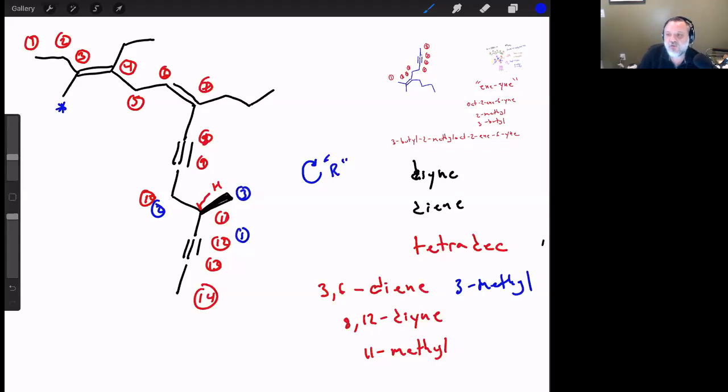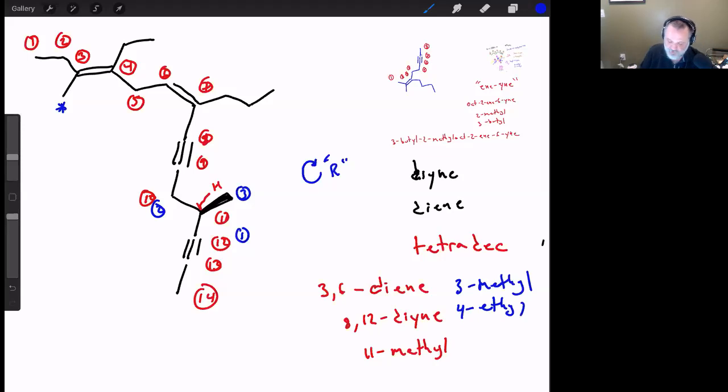And so why wouldn't you do that? Because then that wouldn't be the longest chain. Because you do want to get to the double bond the fastest, but you do want to have the longest chain as well. And we're also having pointed out that there's a 4-ethyl group.